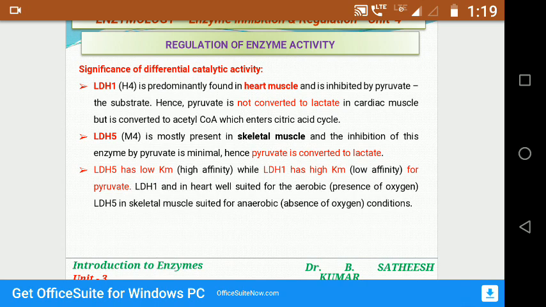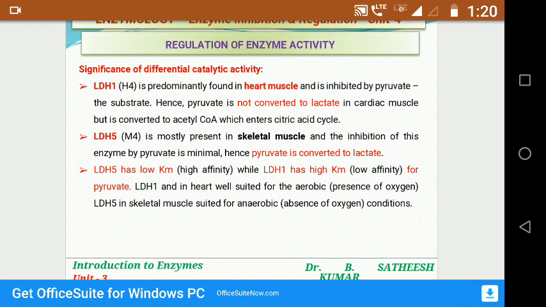One more thing is that LDH5 has a low Km, high affinity for pyruvate, and LDH1 has a high Km. That is why the LDH5 in skeletal muscle quickly binds pyruvate and converts it to lactate.